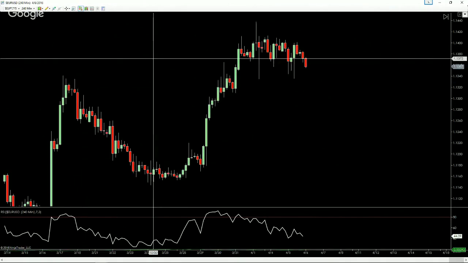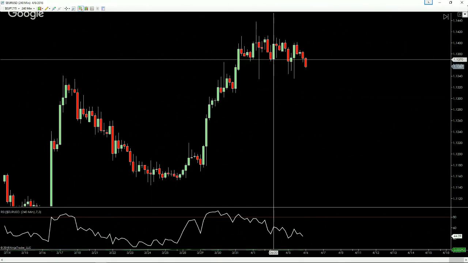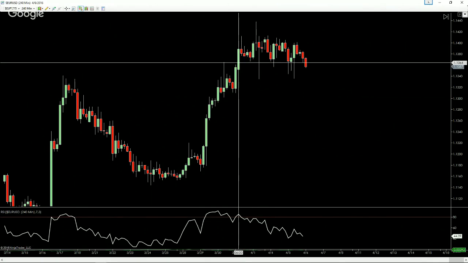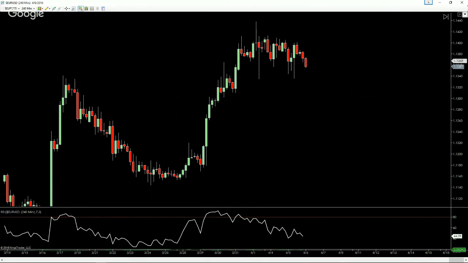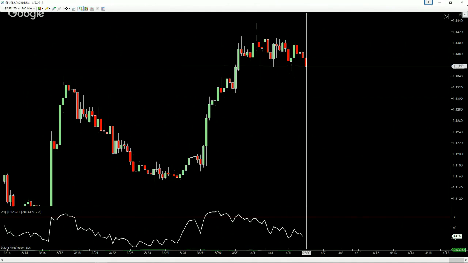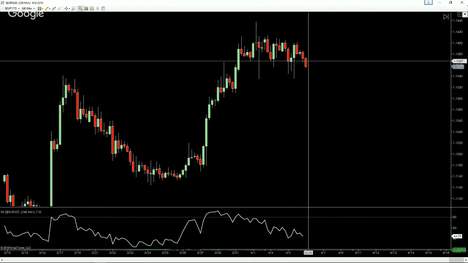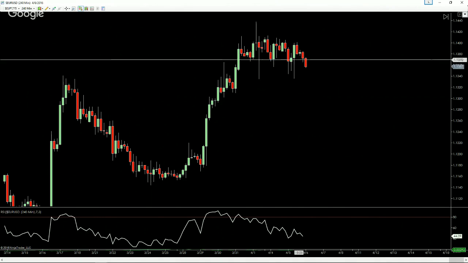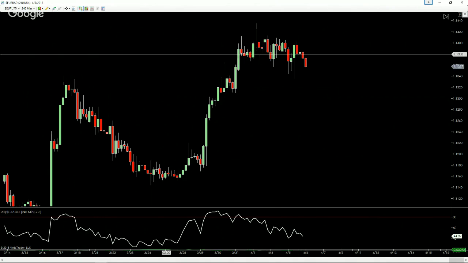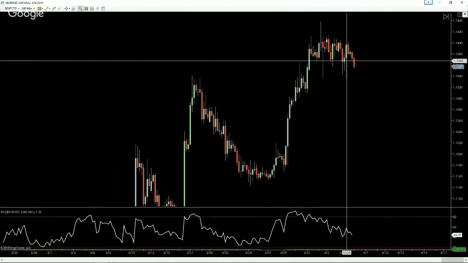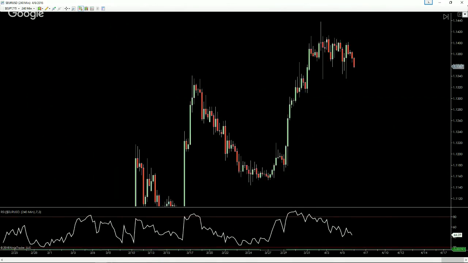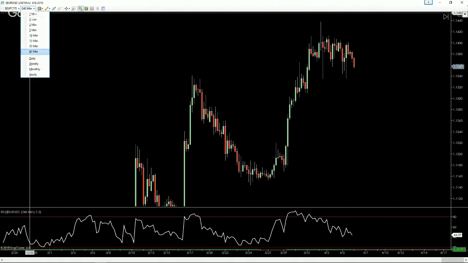We don't really have anything on the 240, except we see that price is actually respecting this level right here. We did test that about 3 times already. Now price is coming back down to that level, and it's looking like it's testing that level again.